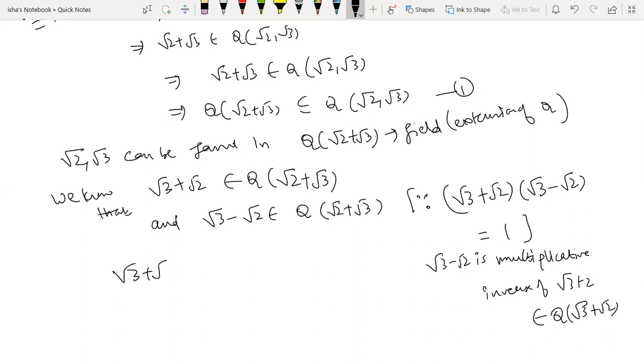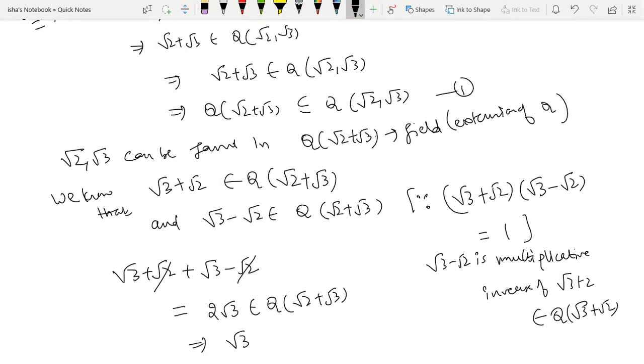So if you add these two elements, what will happen? This gets cancelled. You get 2 root 3 belongs to Q(root 2 plus root 3).